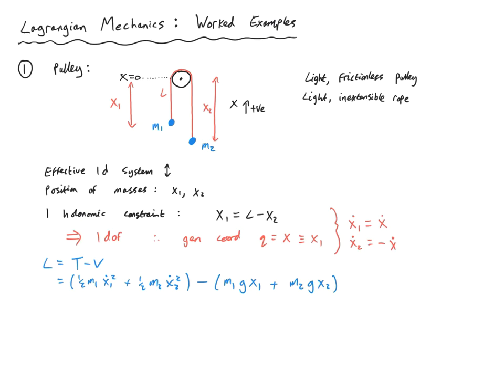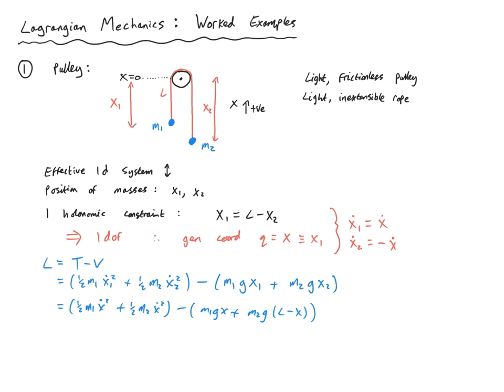In that case, the Lagrangian becomes a half m1 x dot squared plus a half m2 x dot squared, minus m1 g x plus m2 g into L minus x, which we get just from substituting this expression in here.